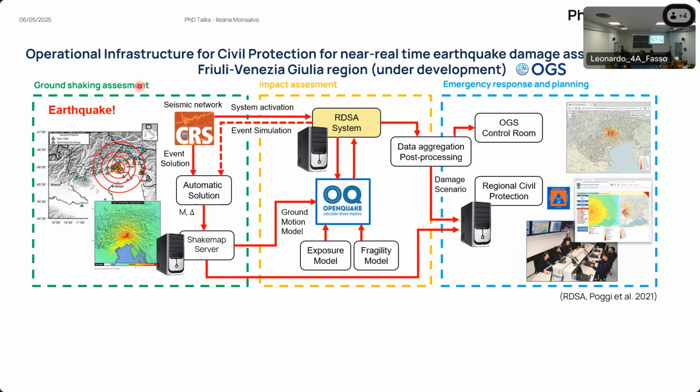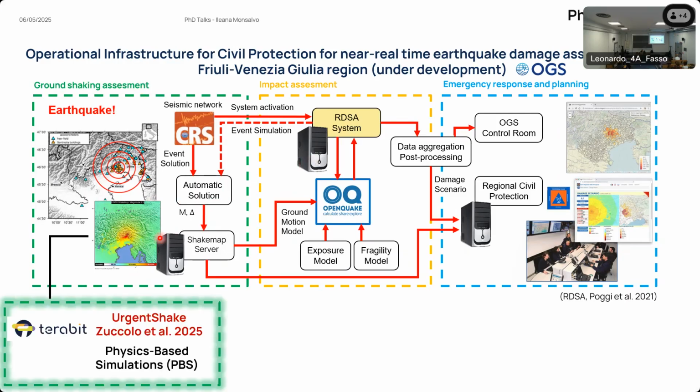So this system has been developed by OGS, the National Institute for Oceanography and Applied Geophysics, and with the aim of improving this workflow, they have developed UrgentShake, a workflow such as the one that I have just presented, that aims to replace the ShakeMaps and instead explore the use of physics-based simulations.